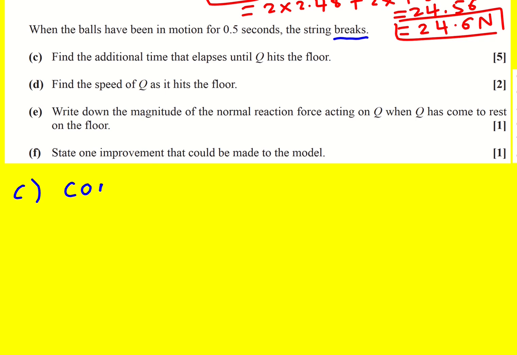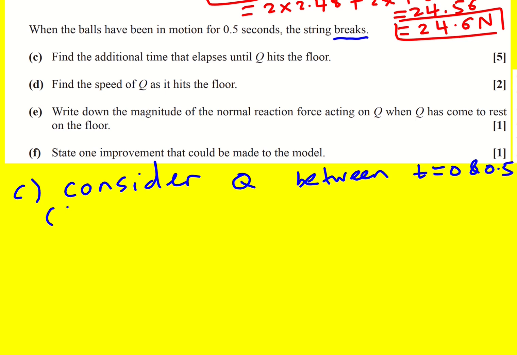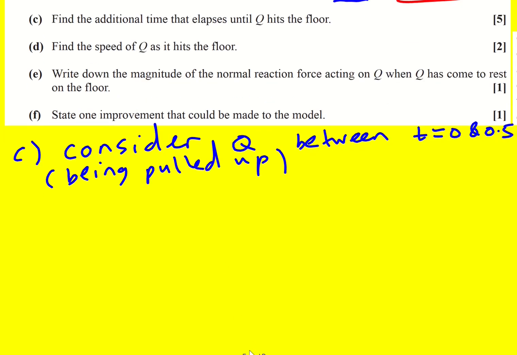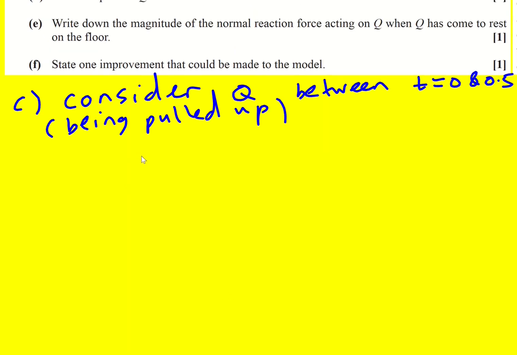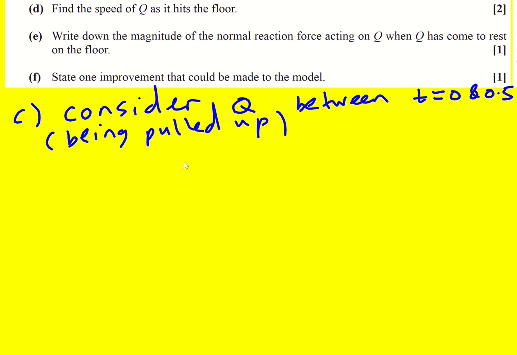Okay, so consider Q. And actually I'm going to say between t equals 0 and 0.5. It's being pulled up. So we want to know basically as much as we can about what's happening at the 0.5 point.